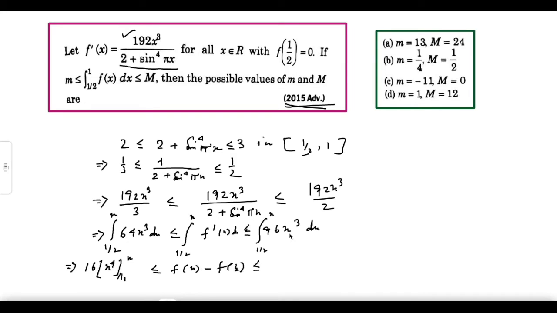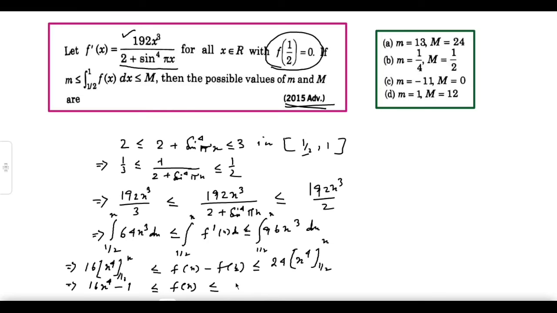if we divide 96 by 4, then it will be equal to 24 x to the power 4 over limit half to x. This implies 16 x to the power 4 minus 16 into half to the power 4, that is equal to 1, less than equal to f of x, and f of half is equal to 0 as given, so we don't write it here.